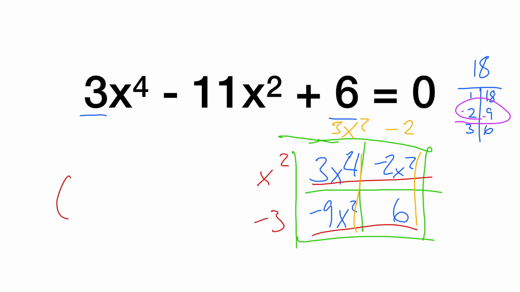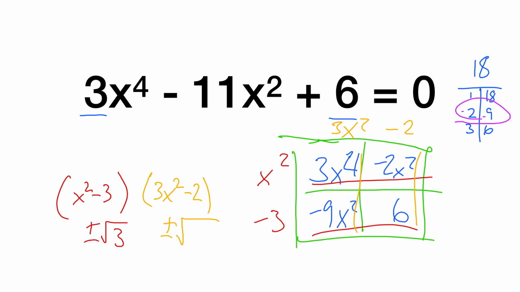Meaning our final answers are x squared minus 3 and 3x squared minus 2. So my zeros for x squared minus 3 are plus or minus the square root of 3. For 3x squared minus 2, it becomes plus or minus the square root of 2/3.